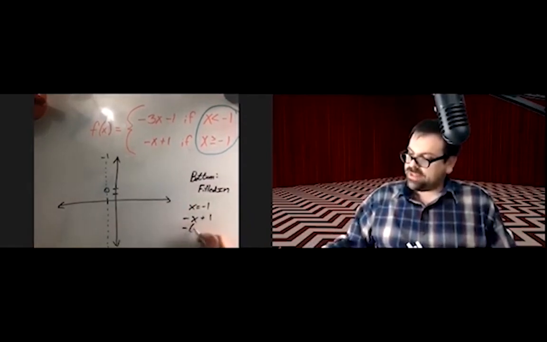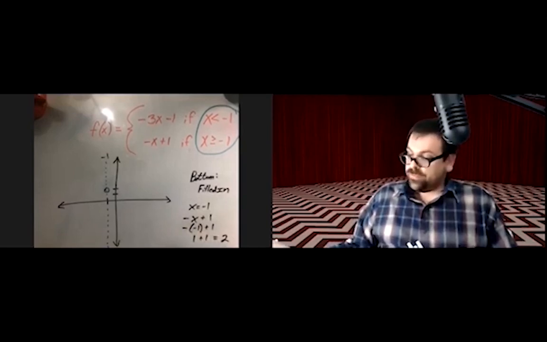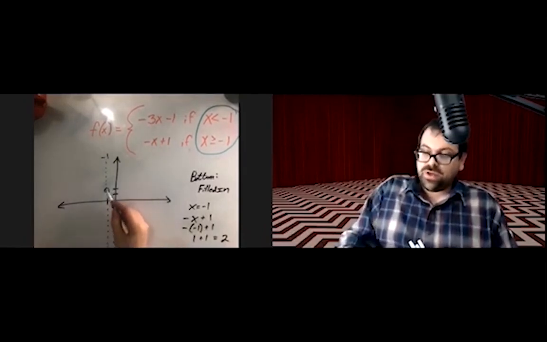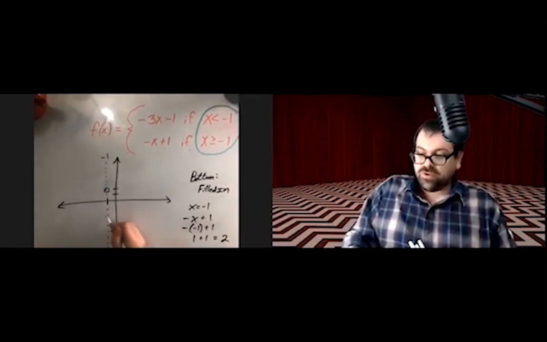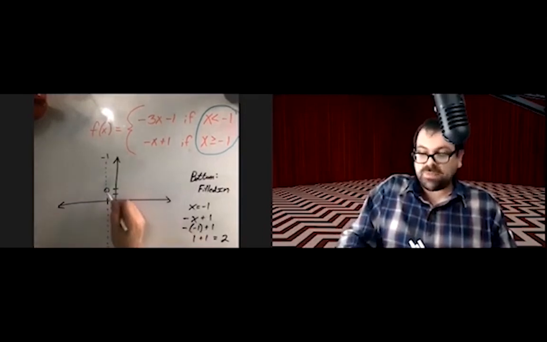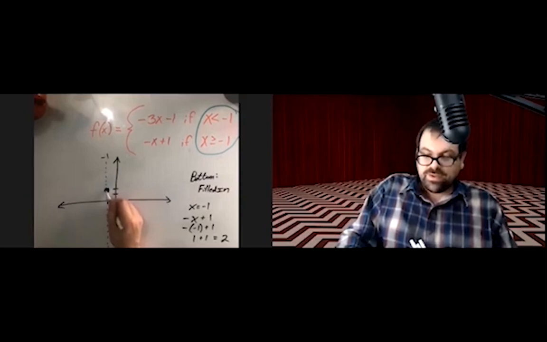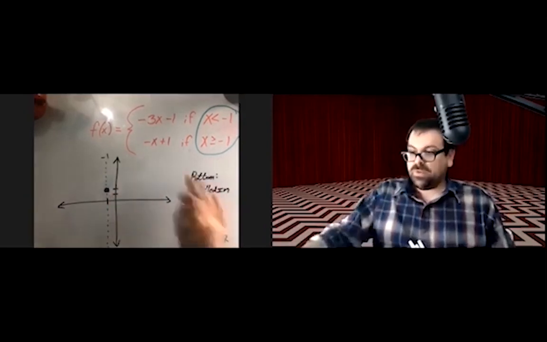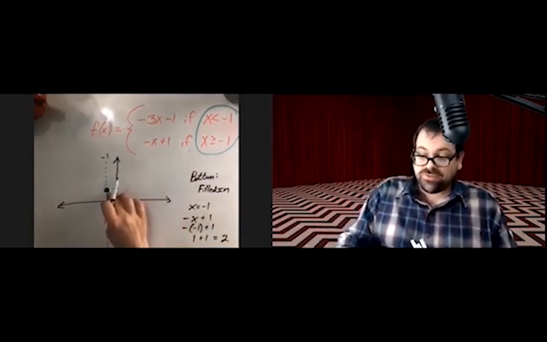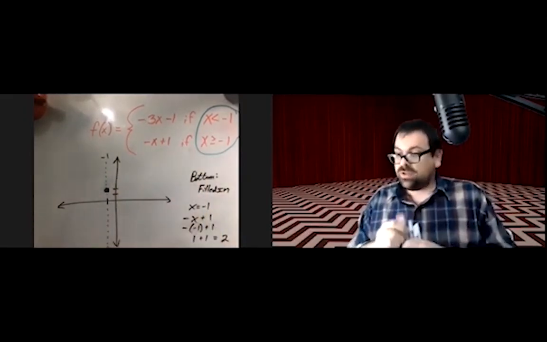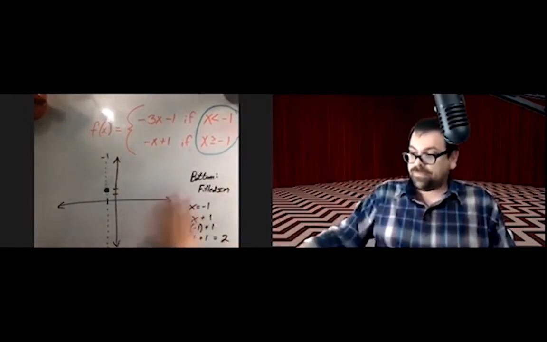That's the opposite of negative 1 plus 1, which is positive 1 plus 1, which is 2. So here I also have the y value of 2. If it was anywhere else, it would just be a filled in circle, but since it's in the same spot, that means we have the same point here. So the filled in circle from the bottom is actually filling in the open circle from the top.